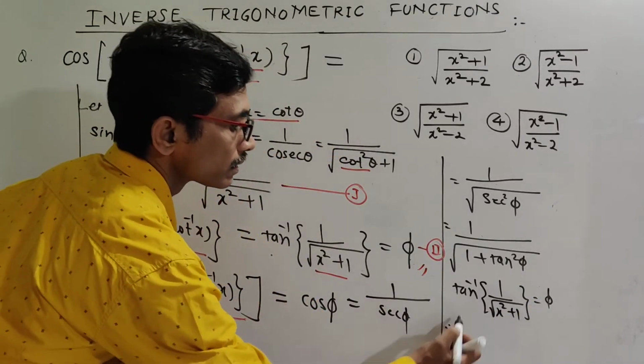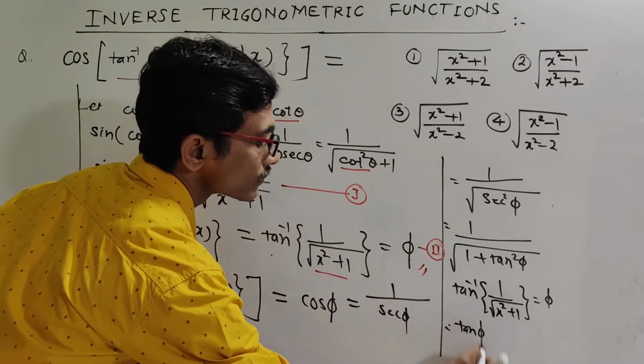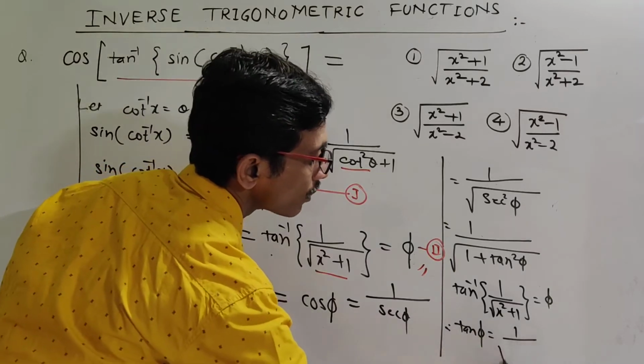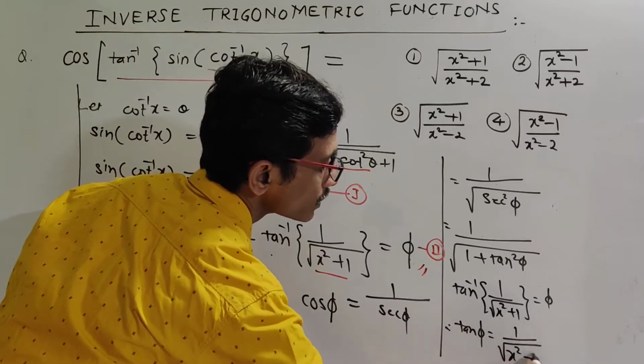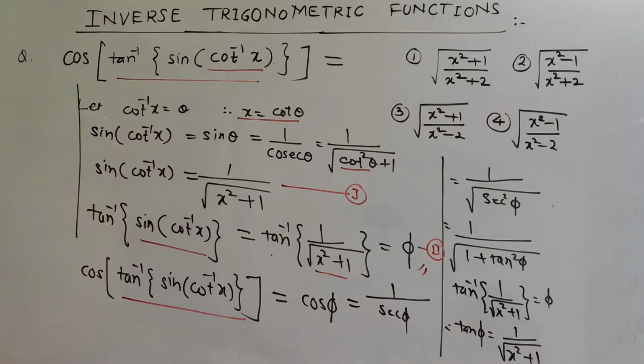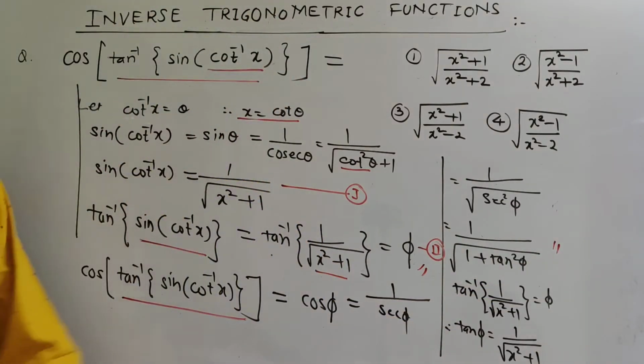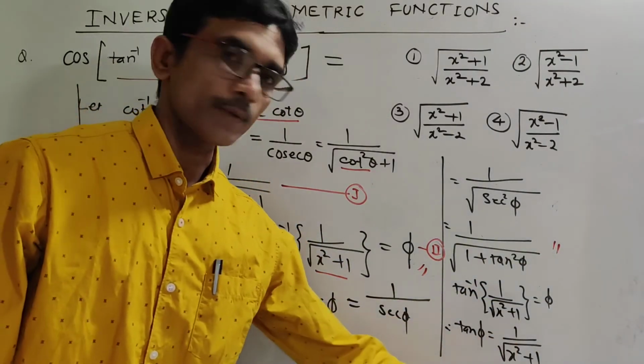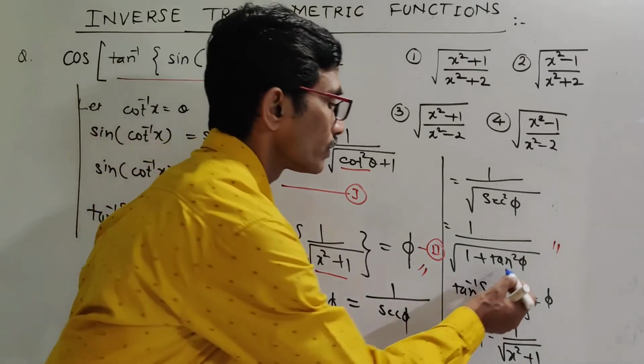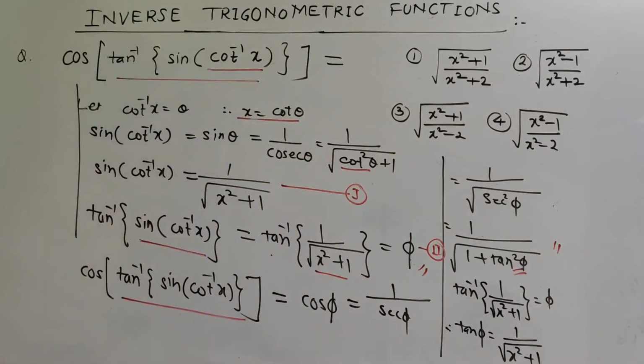Therefore tan phi is equal to 1 upon root of x square plus 1. Now we substitute this over here.